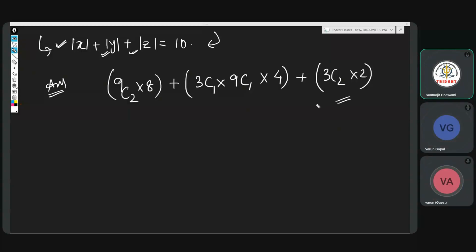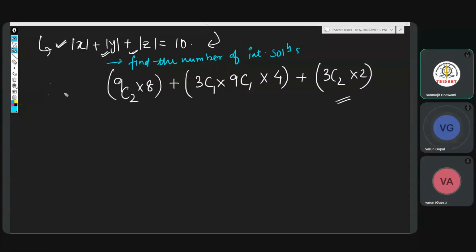Done? 1 minute. Yeah. Done, sir. Number of integer solutions. Done, sir. Yeah. Find the number of integer solutions.